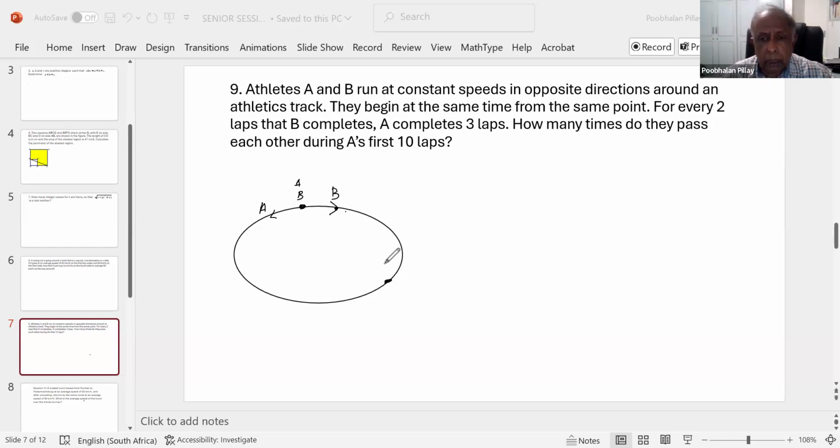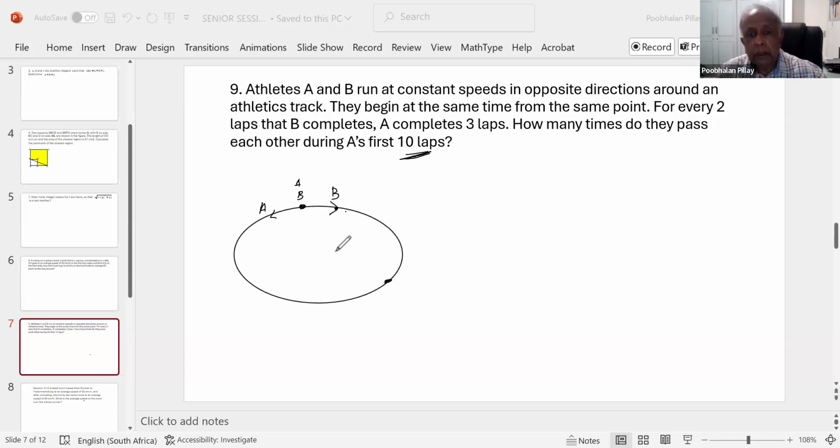The best way to look at it is that if this part here is 3 parts, then this part here is 2 parts, of a lap. So let's see how much of a lap he covers. A lap is the full distance he travels around this track.